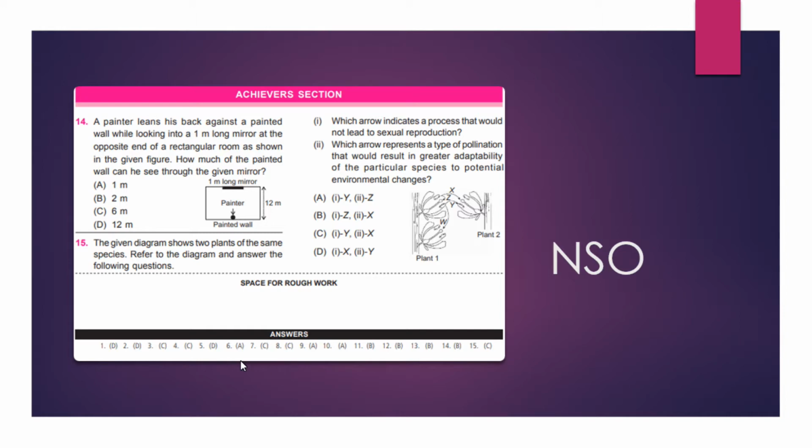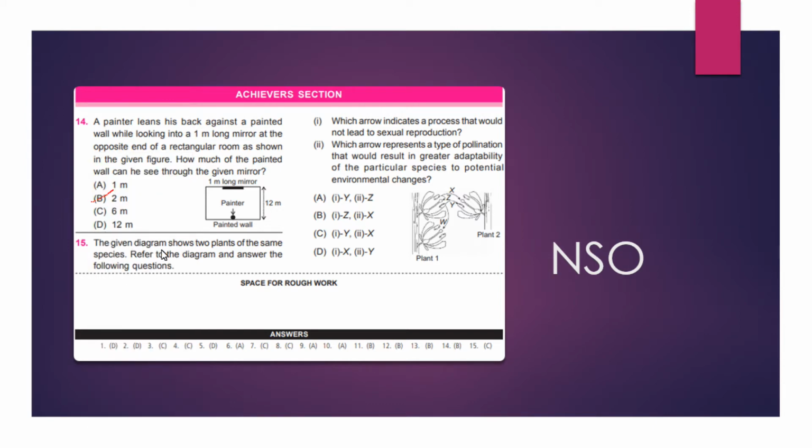Obviously, the size will come double the size of the mirror. 2 meter long, 1 meter long mirror, painted wall is present there. So the answer is 2 meter.